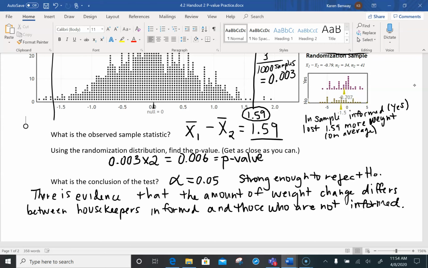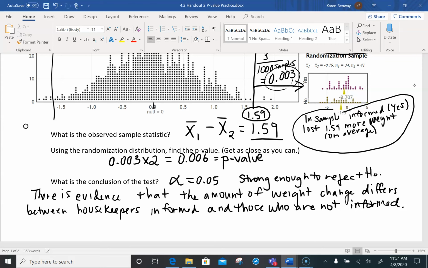The two-tailed test allowed me to detect a difference in either direction, but ultimately, if I'm going to try to decide whether to inform people of this or not, I'm going to want to know which direction the difference is in. And to think about that, I'm going to think about what I saw in the sample. In the sample, we saw that the informed people lost more weight on average. So that means that if I had done a one-tailed test in this direction, my p-value would have been even smaller, and I would also have had a statistically significant result.